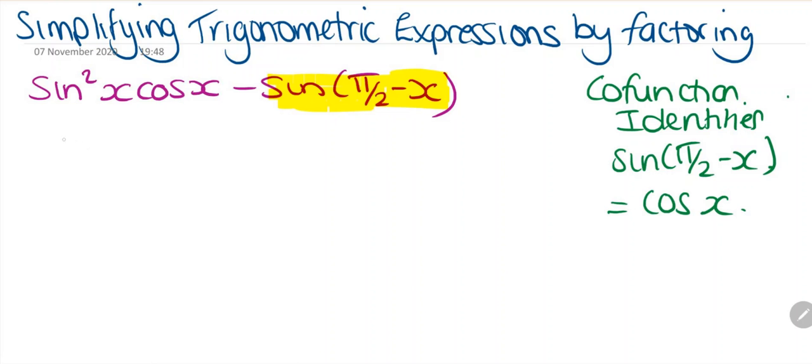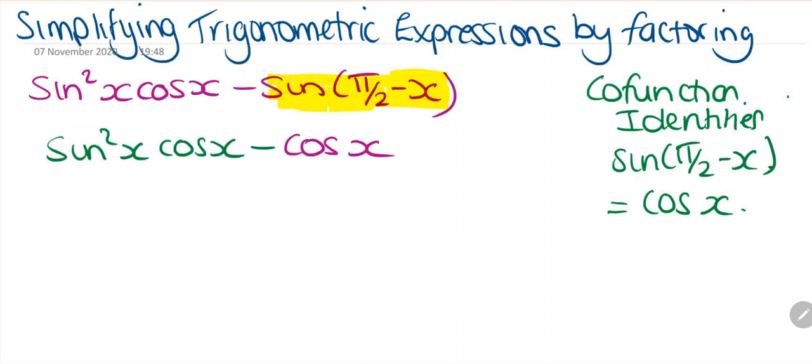So we can rewrite and replace sine of x with cosine of x. Now we're going to factor by minus cosine of x.